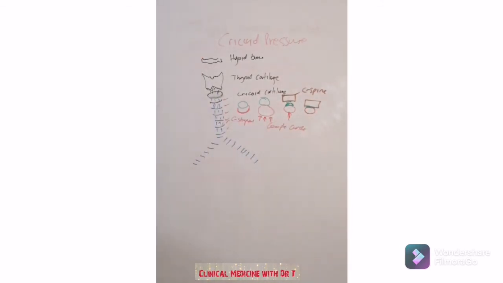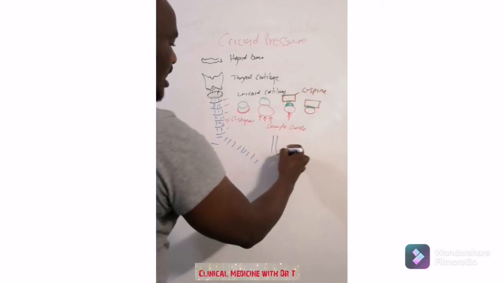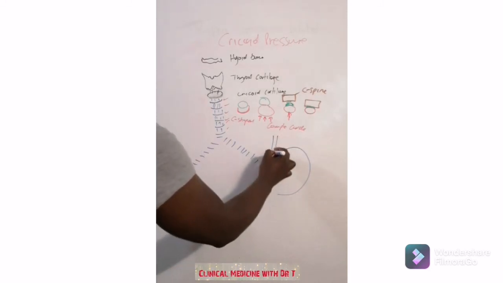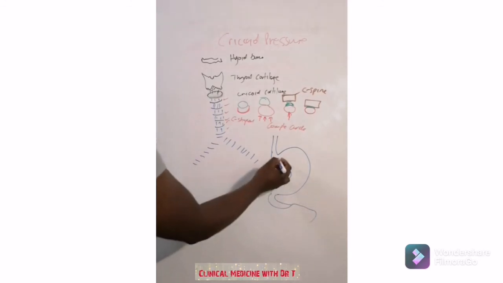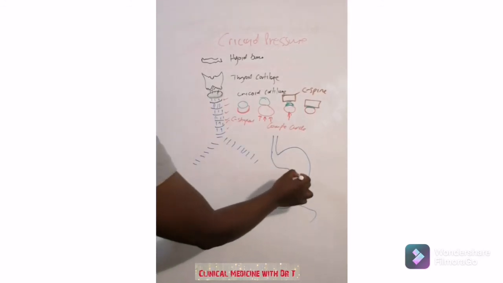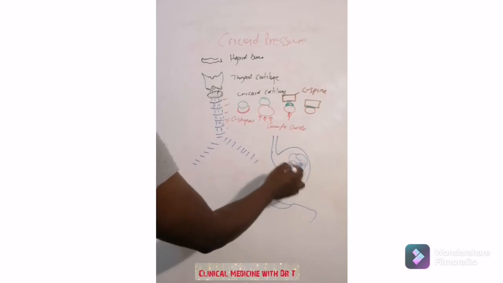From your pushing. Remember, we said that you do this cricoid pressure for patients that are unfasted. When a patient is unfasted, there's hydrochloric acid, gastric juice, food, everything.